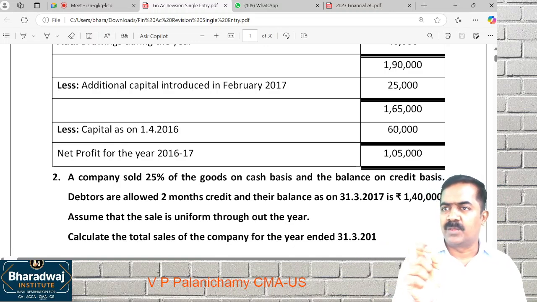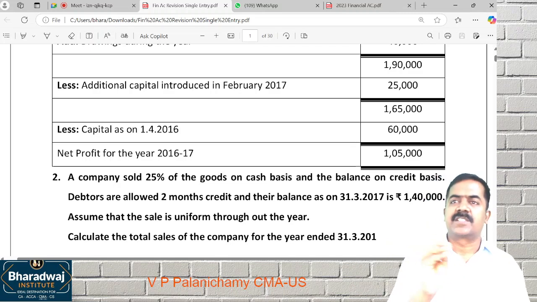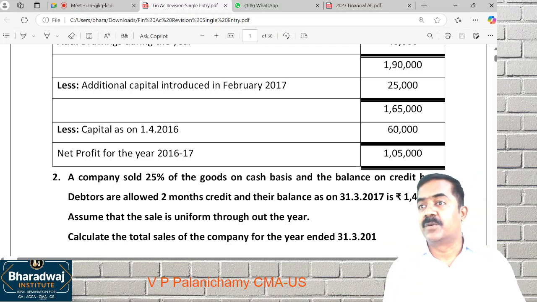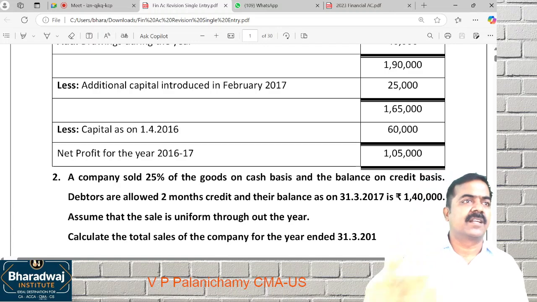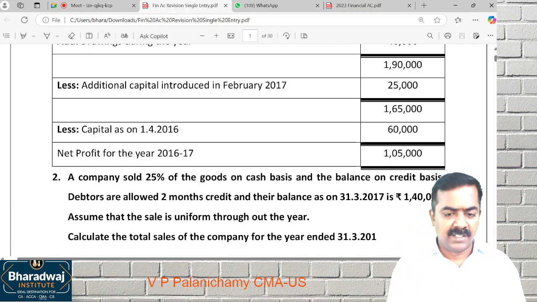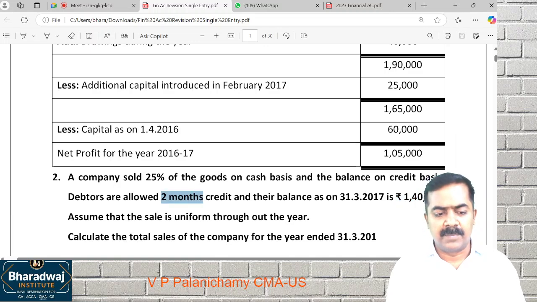Whatever I sell in month 1, I will collect in month 3. So on 31st March, February and March sales will be outstanding, which means collectible from debtors. What is the debtors balance given? 1,40,000. This is for how many months' sales?